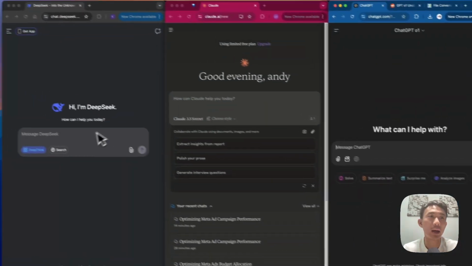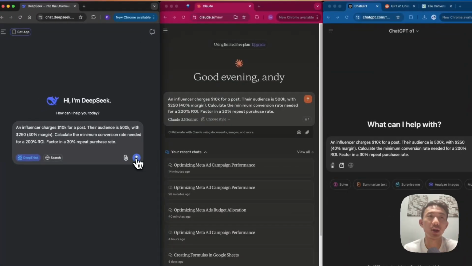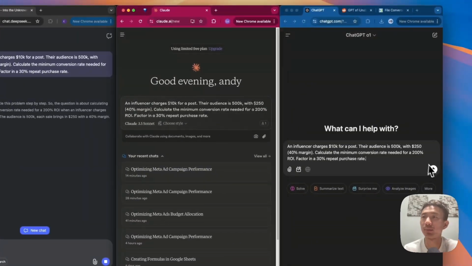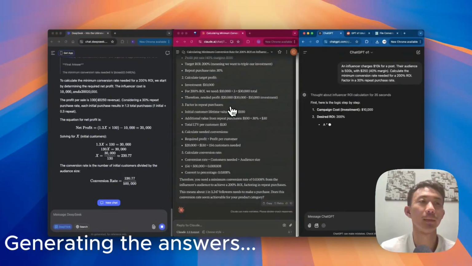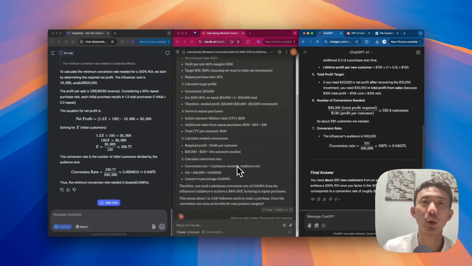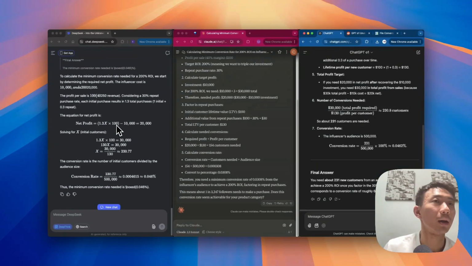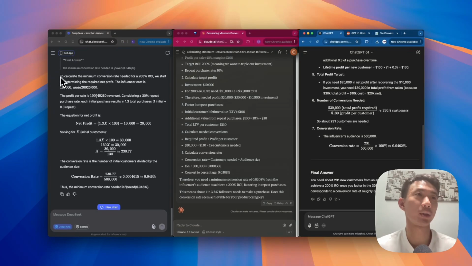So let's ask them to calculate and share their results. Okay, as we can see, DeepSeek-R1 and ChatGPT-o1 are giving the same answer, while Claude is providing another answer. So let's take a look at the answer from DeepSeek first.